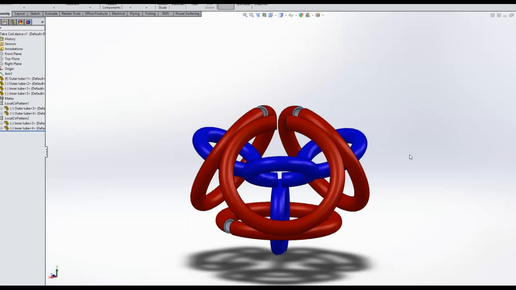Doesn't use 90 degrees, it uses 60 degrees. It's just another way of representing your geometry.